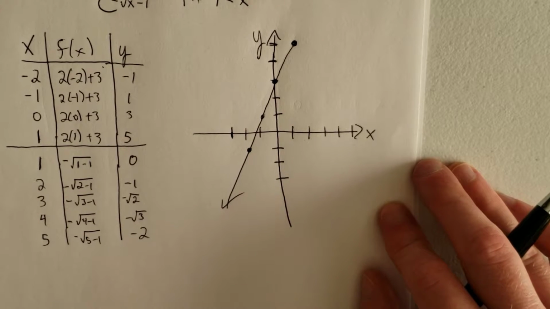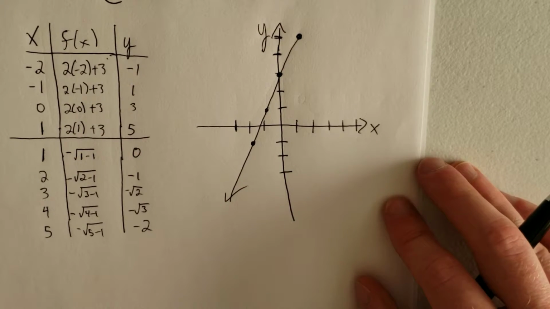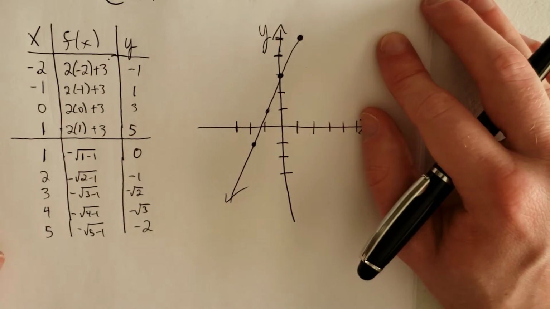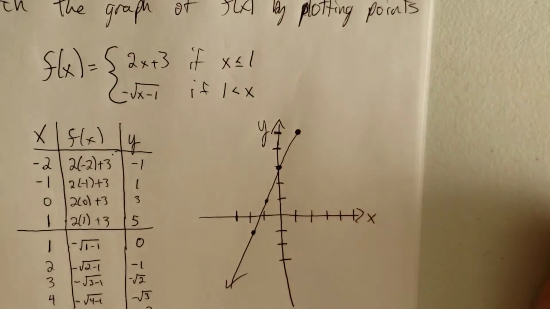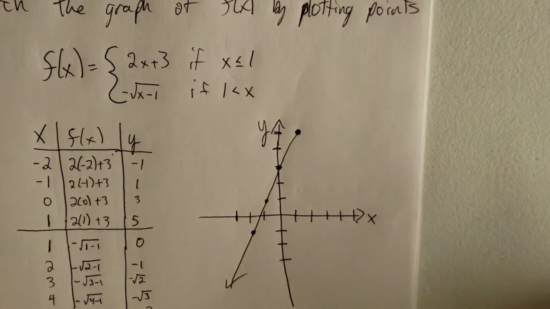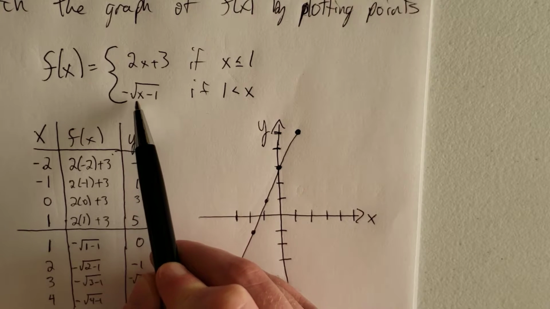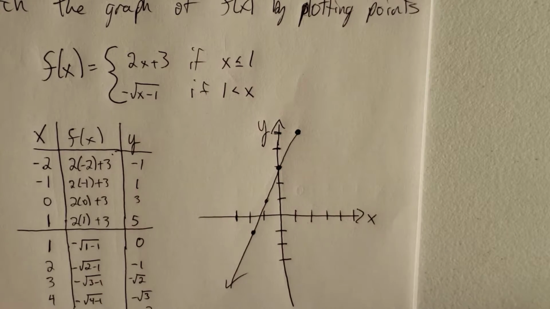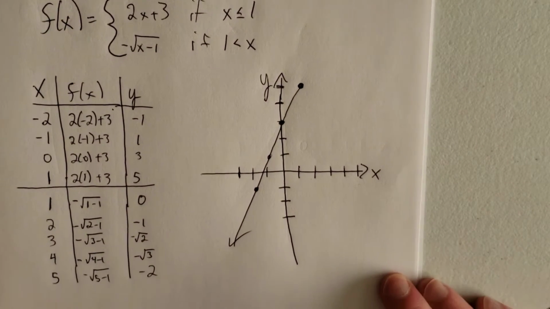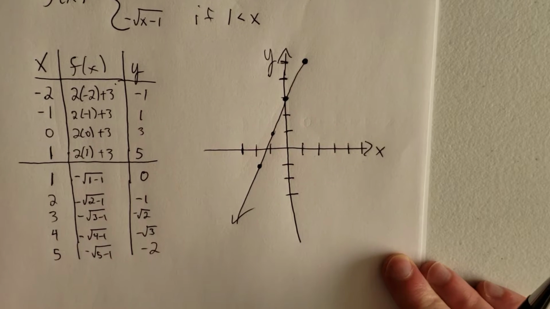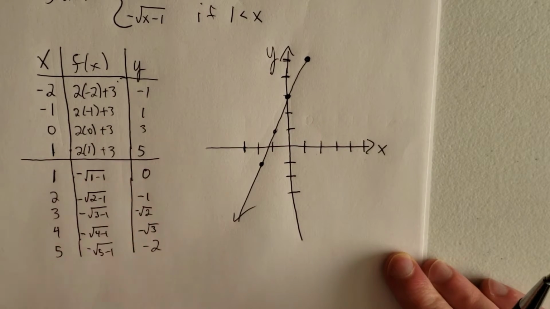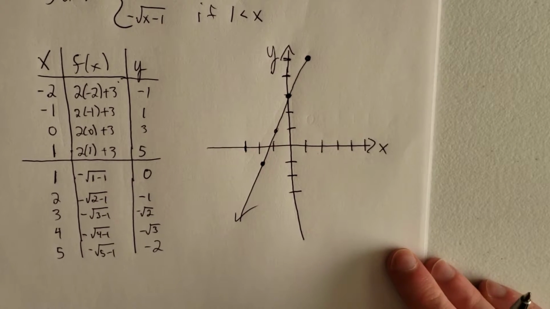Then here, we're now going to draw the right half of this function, right? We drew in the 2x + 3 on the interval where x is less than or equal to 1. Now we're going to draw in the expression negative square root of (x - 1) for 1 less than x, or in other words, when x is greater than 1. To do this, I actually want to know what happens when x equals 1, which is why we plugged in 1 into that function earlier.